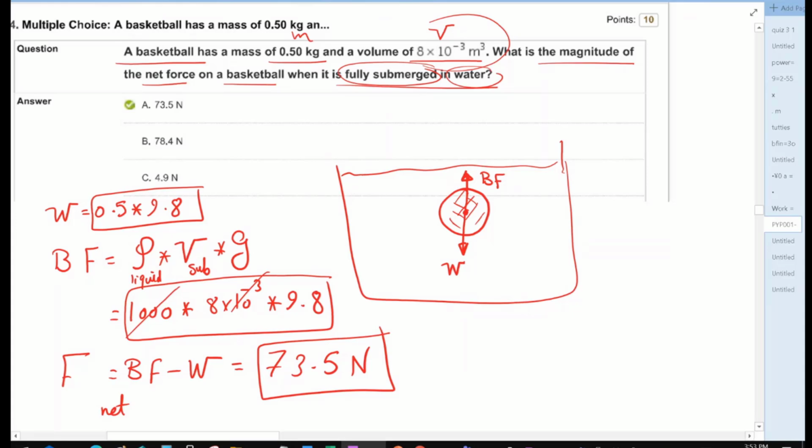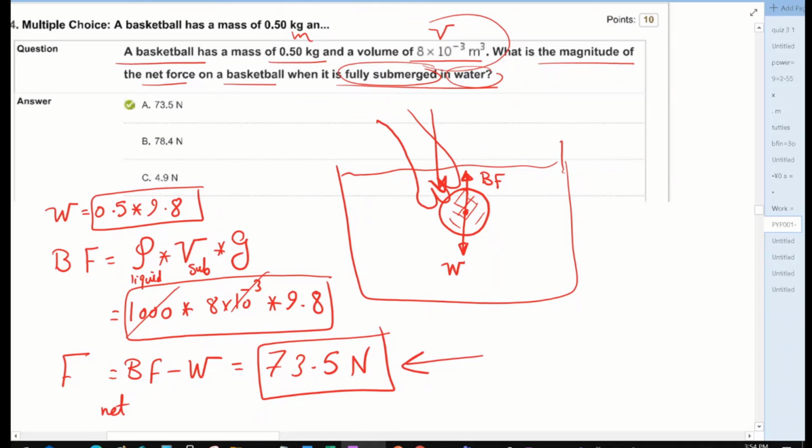He might ask you the same question in another way. He might say, if somebody holds the ball under the water, how much force do I need to apply on the ball to keep it under the water? The force is 73.5.